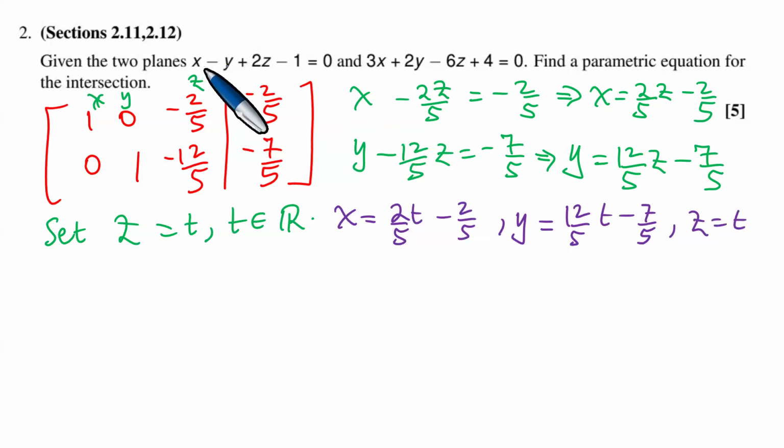So we have x, y, and z, where t is a real number. This is the correct result.